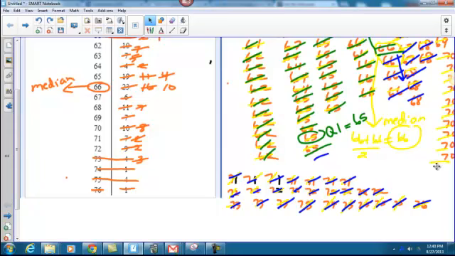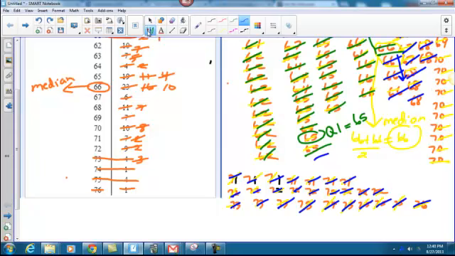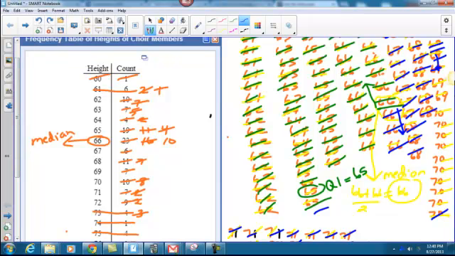Sorry. 5. Okay, now I might want to start doing this faster: cross off, cross off, cross off, cross off, cross off, cross off, until we get to the middle.